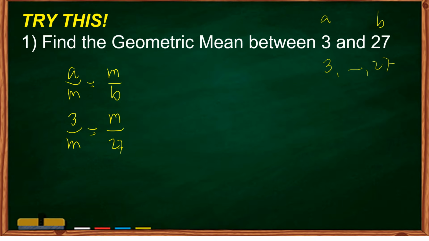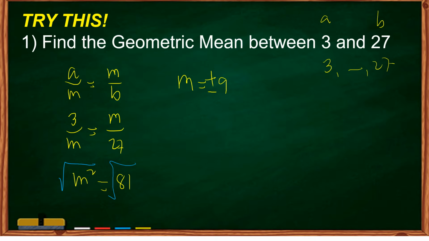And then if you cross multiply, this will be M squared equals 27 times 3, which will give us 81. If you get the square root of both sides, the square root of M squared and the square root of 81, the result is M equals plus or minus 9.